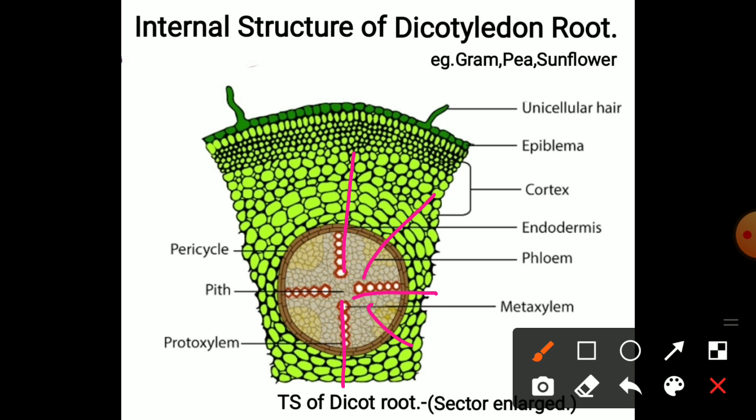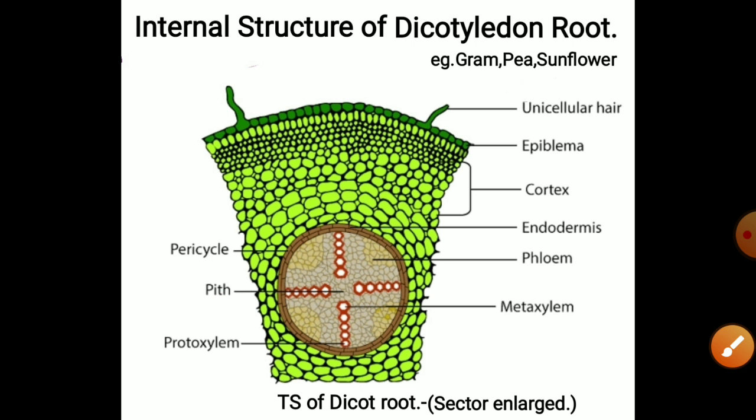So due to such a characteristic occurrence of xylem and phloem on different radii, the vascular bundles in the root are called radial type.